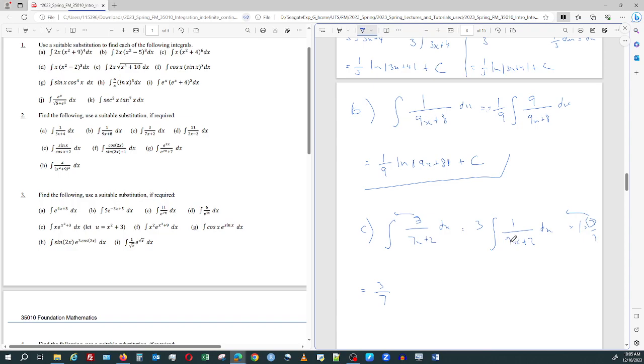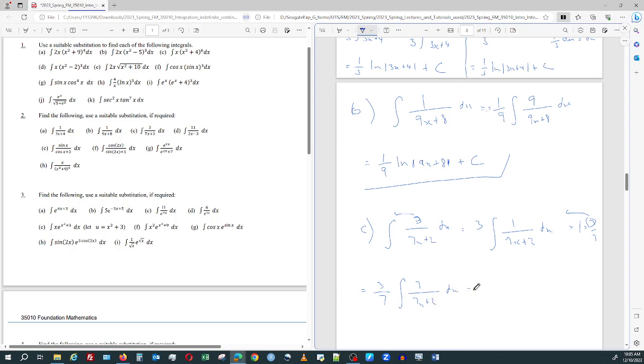The derivative is now, yes it is, because we've now put a 7 on the top. 3 on 7 times the integral of 7 over 7x plus 2, there's our 1 in disguise. 7 is the derivative of the denominator on the top. Yes, it is.